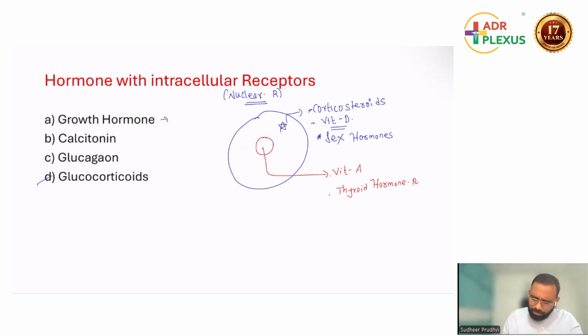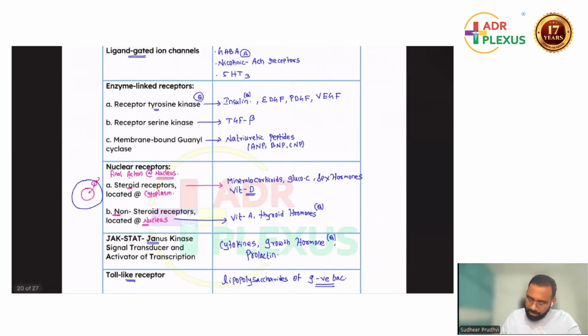The growth hormone, yes, we know this belongs to JAK-STAT. And calcitonin and glucagon belong to GPCR. That's all about these hormones with intracellular receptors. Glucocorticoids is the answer, and growth hormone belongs to JAK-STAT. That's all about this receptors part.